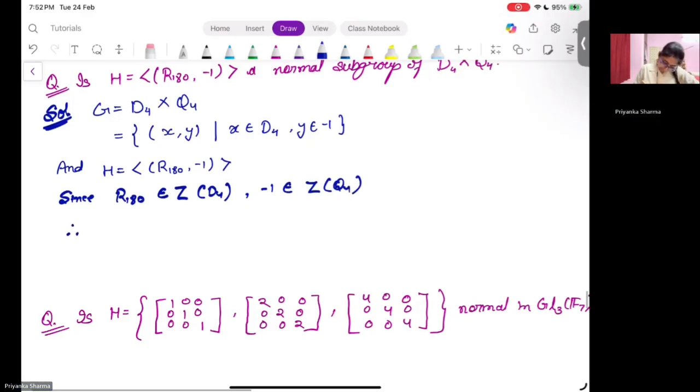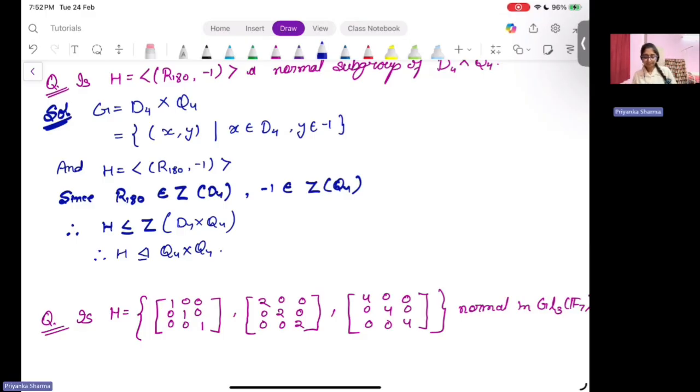Therefore, this H will be a subgroup of the center of D4 cross Q4. Therefore, H is a normal subgroup of G.